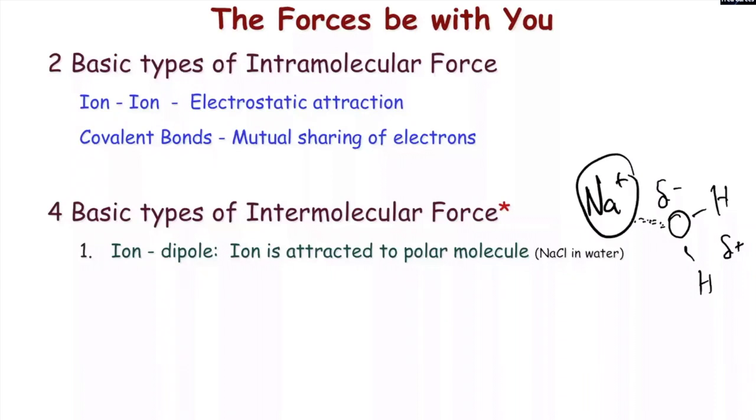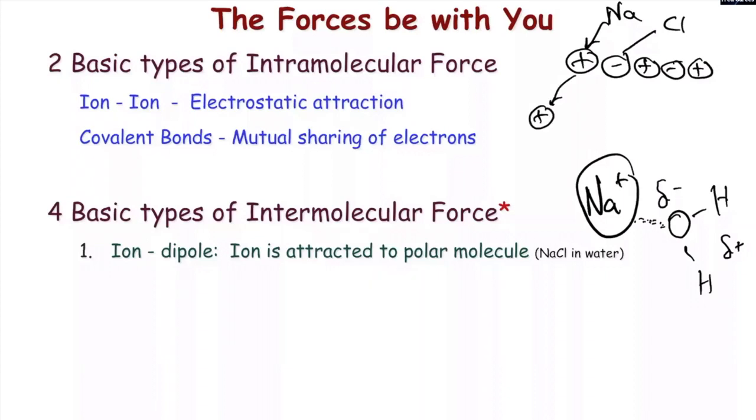When salt dissolves in water, the polar water molecule actually pries the ions in the crystal structure of sodium chloride. So this would be a sodium and this would be a chloride, but it basically pries this and pulls it apart, and it stabilizes it by the water molecule.